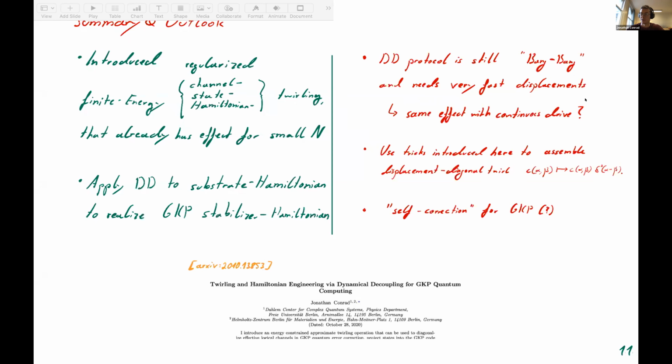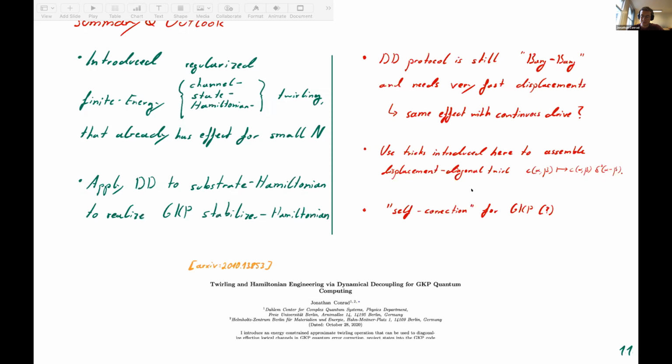So a natural next question to ask would be whether we can achieve the same effect using a continuous drive. Furthermore, I'm planning to expand a bit on these twirling techniques and try to assemble effective twirls out of smaller building blocks of twirls.